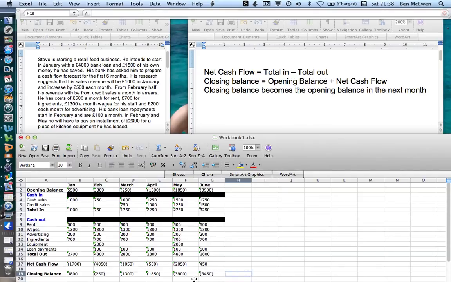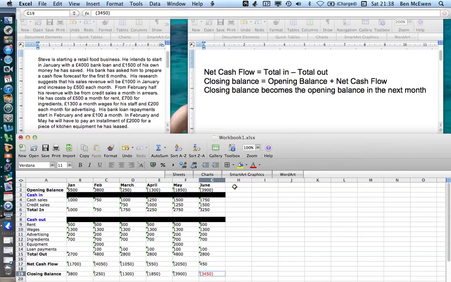So we should have a final closing cash balance of 3,450. Now, given that the bank have lent him £4,000 in the first place, that's quite worrying after 6 months. That suggests that he's going to need a £4,000 bank loan and a £4,000 overdraft. Because if you look here, he's got a minus cash balance of 3,900.